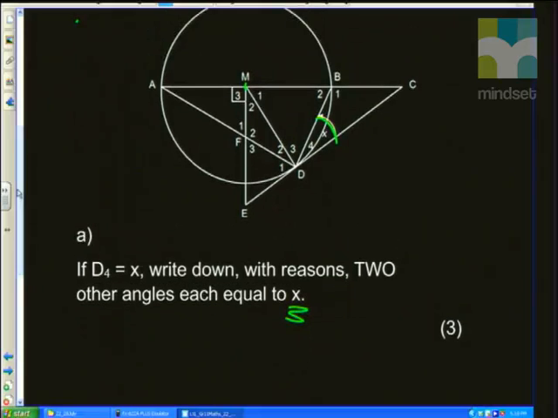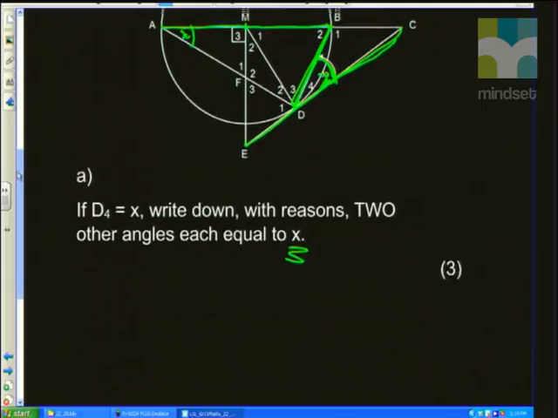All right? So we have D4, this is X. Now, we know that this is our tangent, and we are told that this is a chord. So I've got the angle between the tangent and the chord that is X. The other angle that's going to be X is when I move in this direction and get that angle there.